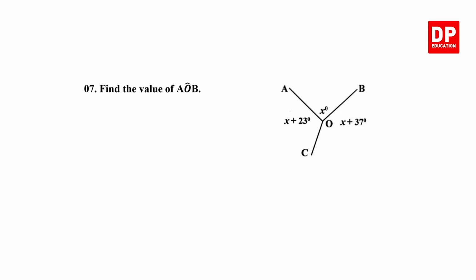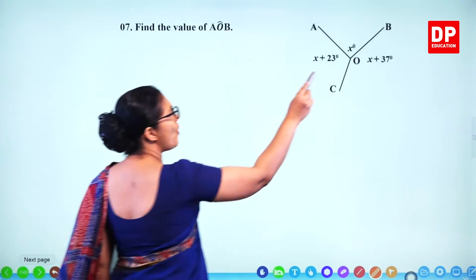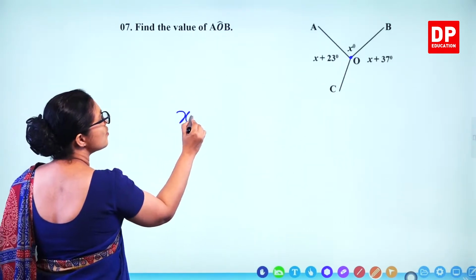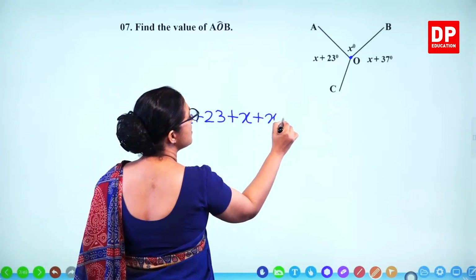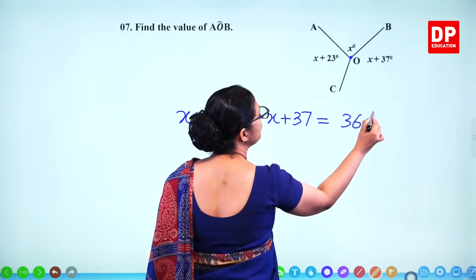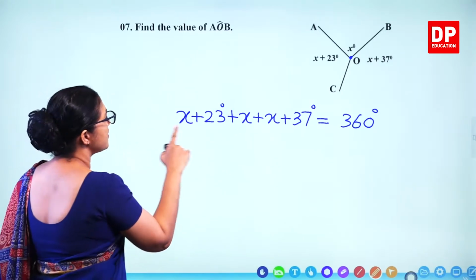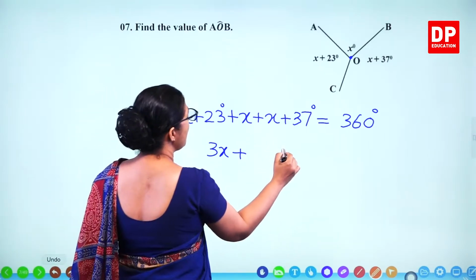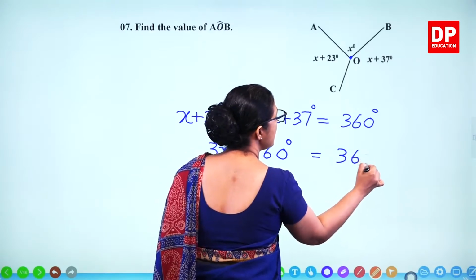Find the value of angle AOB. That means the x value. Around the point O, the angle sum is 360. So x plus 23, x and x plus 37, that's 360. Add it: x and x and x, 3x plus 23 plus 37, 60, is equal to 360.